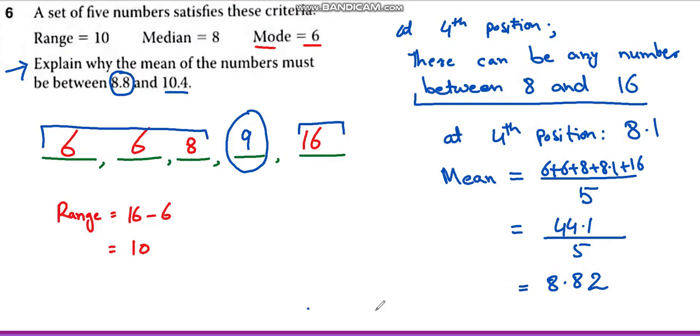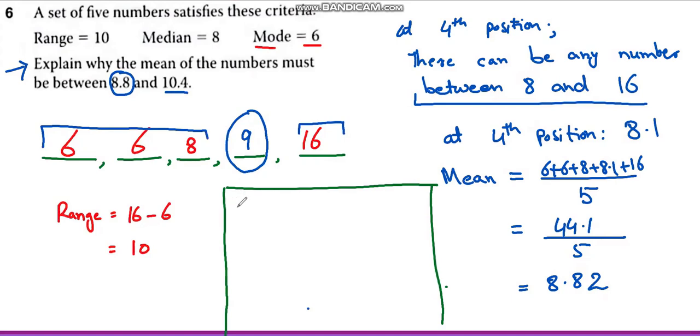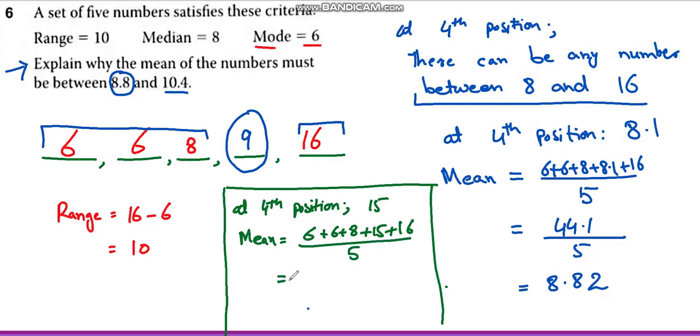Now we can assume another possible number at the 4th position that will be close to 16. So this time I'm taking the number as 15. Now definitely the mean will change, because this time the 4th position is 15. So 6 plus 6 plus 8 plus 15 plus 16 is 51, divided by 5, and that gives 10.2.